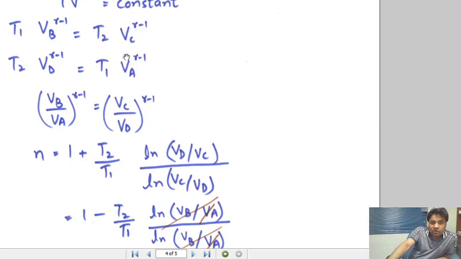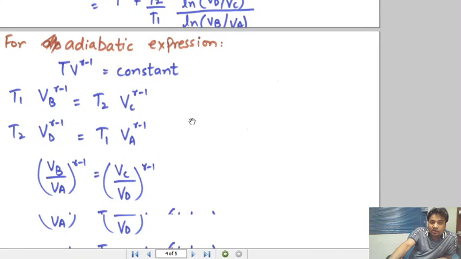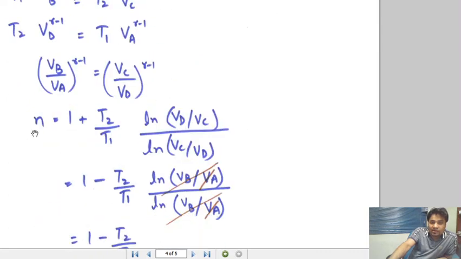So solving these two equations, we can write VB over VA is equal to VC over VD power gamma minus 1. So it means that you can put this equality in here, and you will find that the efficiency will be equal to 1 plus T2 over T1 log of VD over VC divided by log of VC over VD.